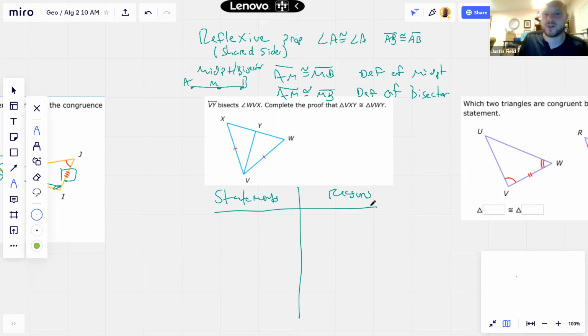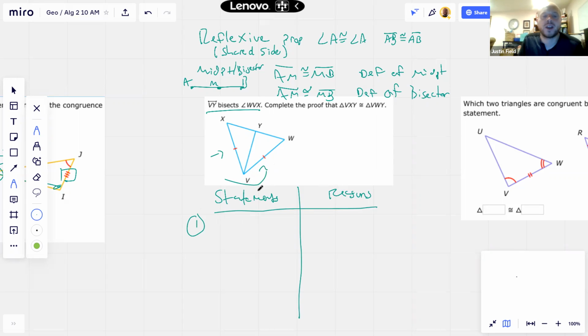Okay, and in geometry, we give proofs. And so the first statement is always what we see given. It could be given in words like it is here, or it could be given in the picture. And we actually see two pieces of given information.